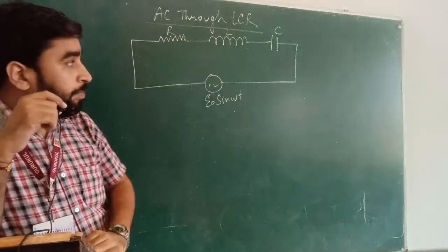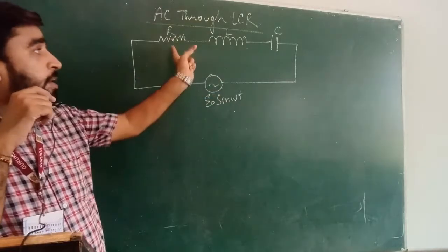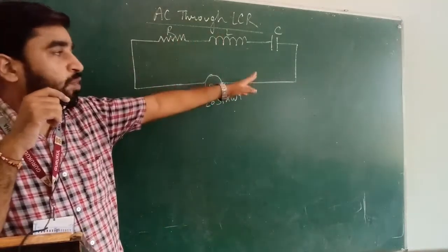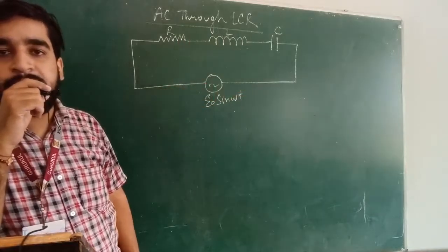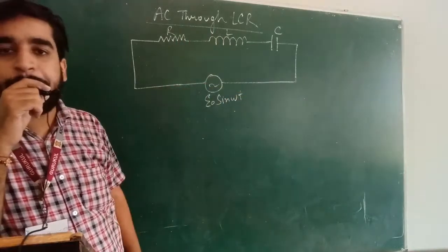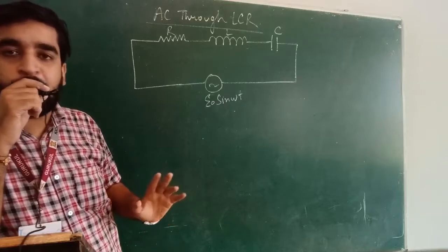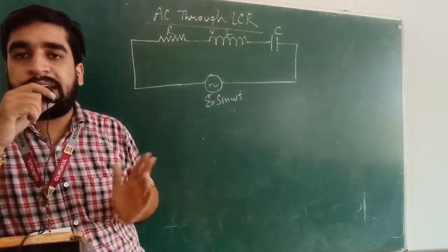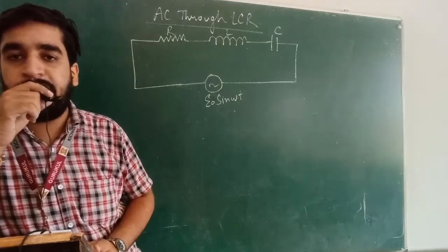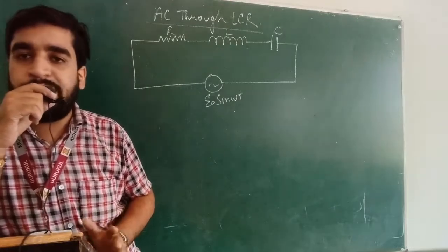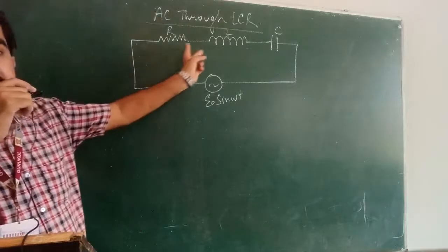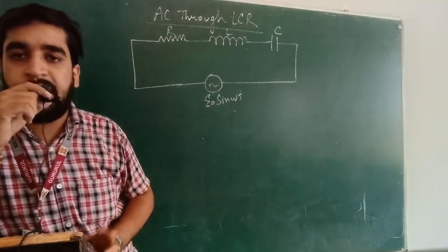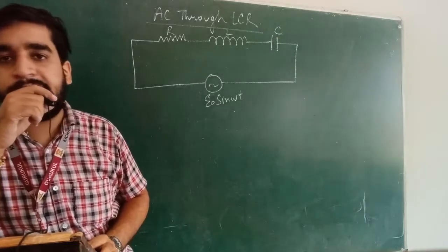Similarly, if the value of resistance and inductance is very less as compared to the capacitance, that is known as a purely capacitive circuit. But it is not possible that a circuit will be totally resistive or totally capacitive or totally inductive. So we are going to study the series LCR circuit. That's why this is required to be studied. Generally in our homes we are using LCR circuits in series.